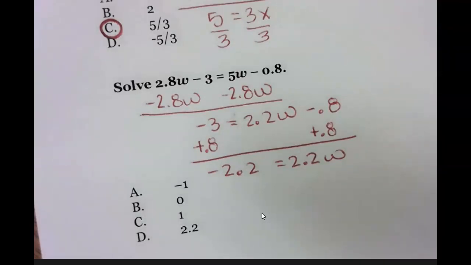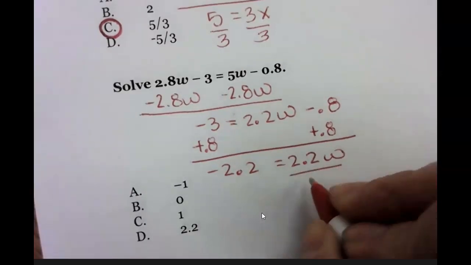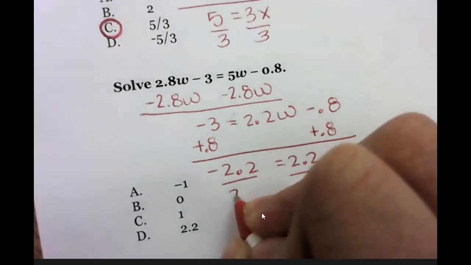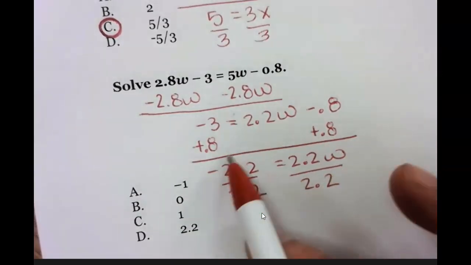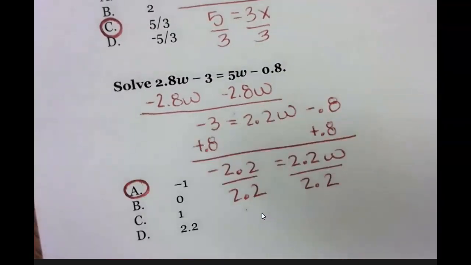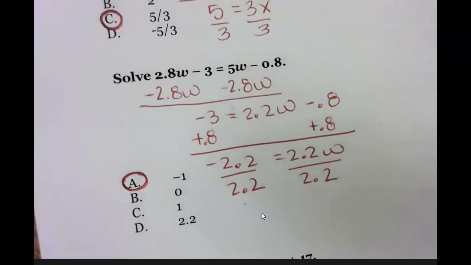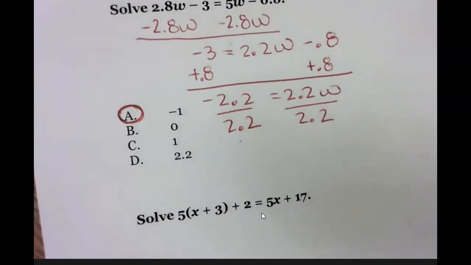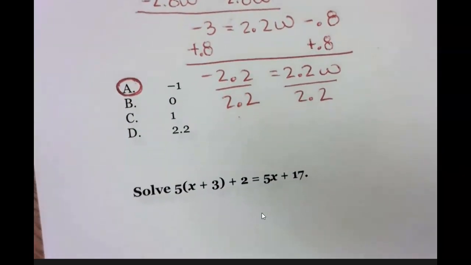My math is off. Yeah, Dominique, what do we do? You have to divide our 2.2. Yep. And when you divide the number by itself, it becomes a... Yeah, so our answer is... Good. I mistook it myself, 0.3 instead of just a negative 3.